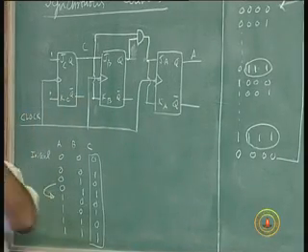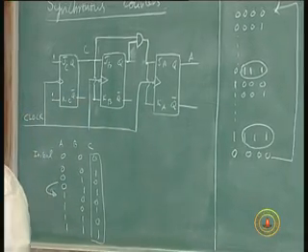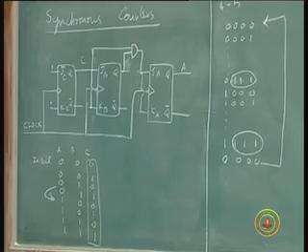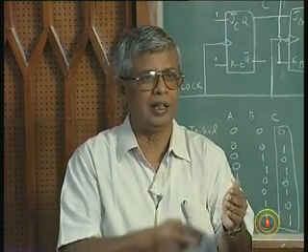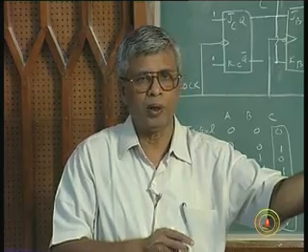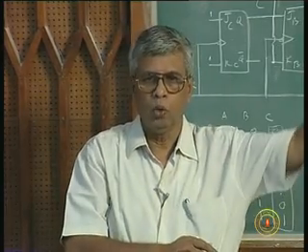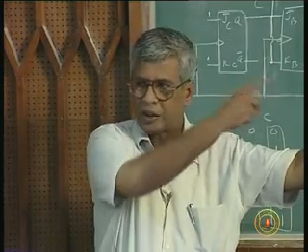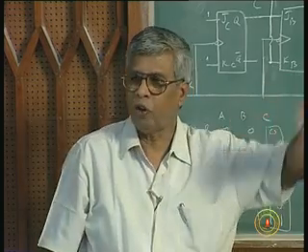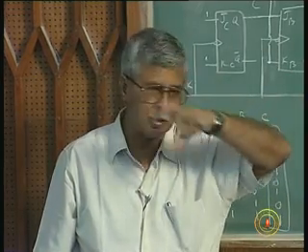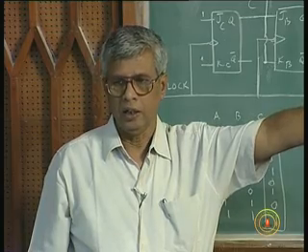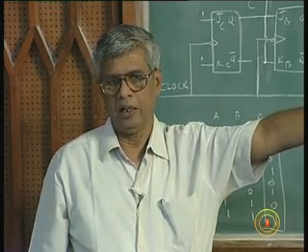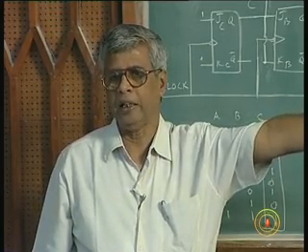Any flip flop will change the output after 1 propagation delay. Earlier, the second flip flop would change the output after 2 propagation delays, the third flip flop after 3 propagation delays, the fourth flip flop after 4 propagation delays, and so forth. That is why we found that it is not possible to carry on with a long chain, because the total propagation delay should be less than the clock period.